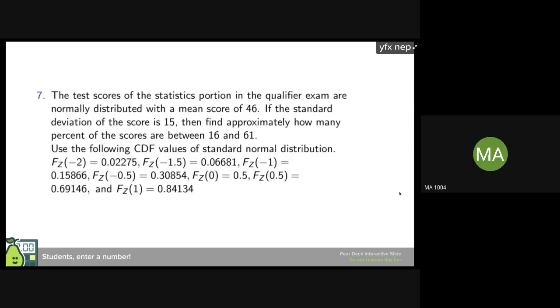Otherwise it is a rigorous process to find them again, and if you have different mu and sigma values for any normal distribution, it will be very hectic for us to find the values every time.